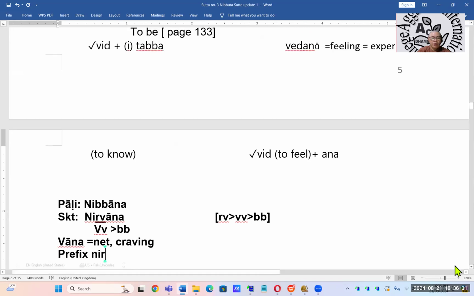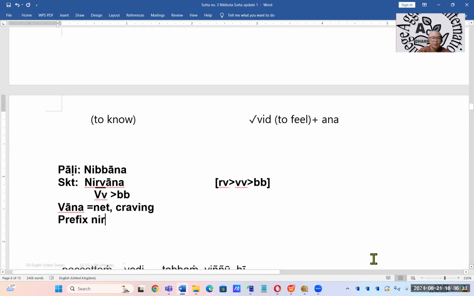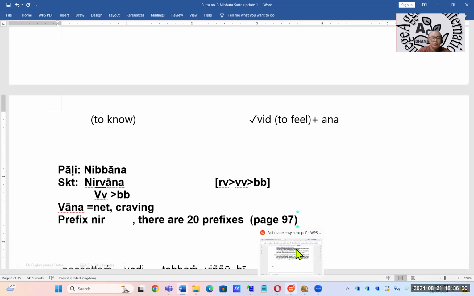So the prefix ni. Now remember I already explained before, prefix is very important. We have 20 prefixes, page 90. One of them is ni. So you look at page 97, always refer to page 97.